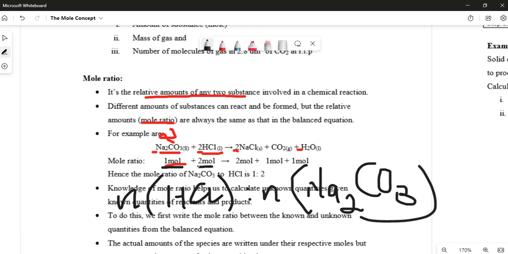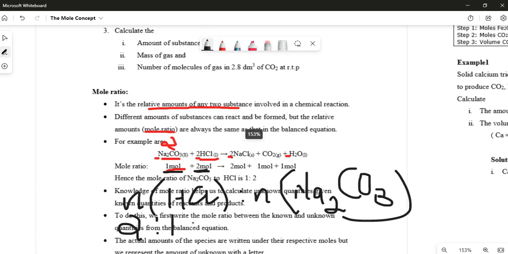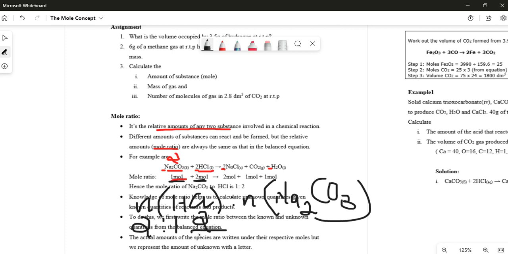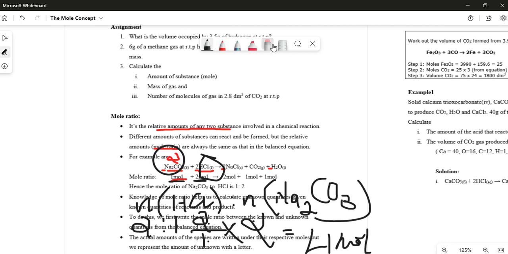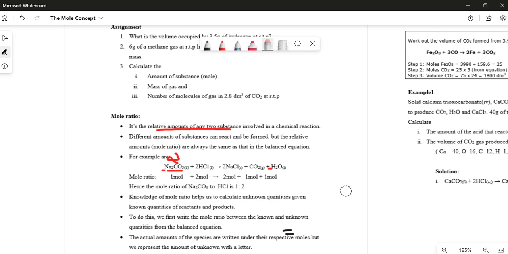We know that it is 2 is to 1, so this can be written as 2 over 1 times the moles of Na2CO3, which is 2. 2 times 2 over 1 gives us 4. So the answer will be 4 moles of HCl. That was just an example. And always remember that the substance whose moles you're looking for will always come first.